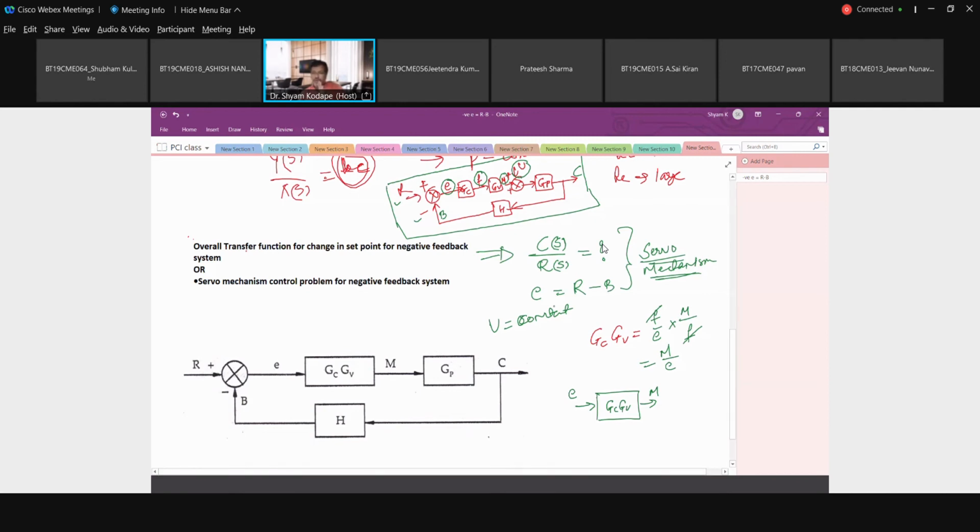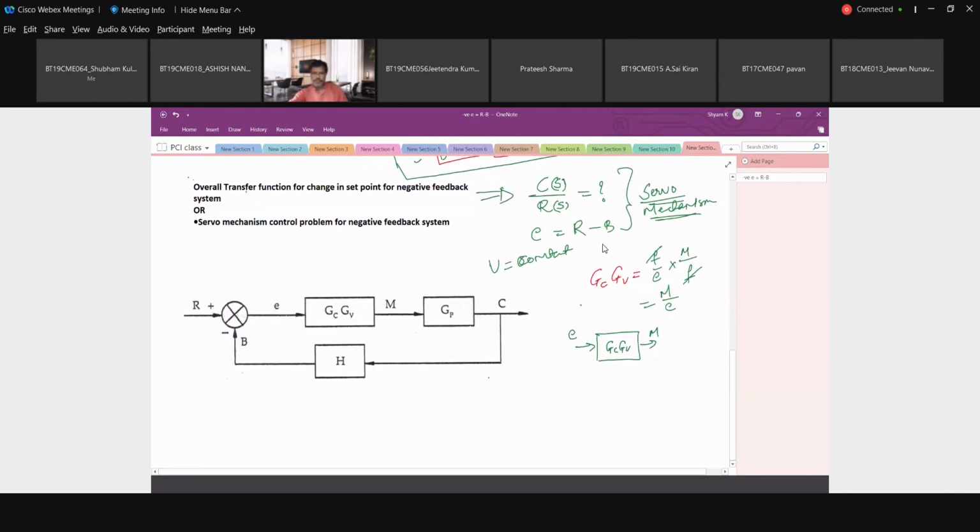Capital U is the deviation variable. When the deviation variable is 0, it represents that the variable is there, but it is not changing with respect to time. Are you getting my point? Please respond.